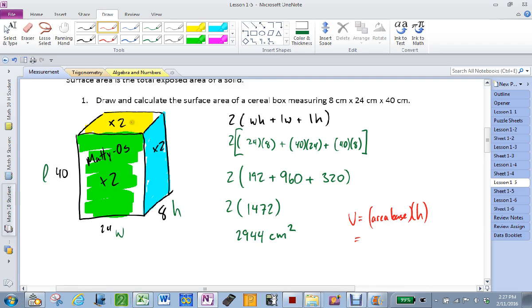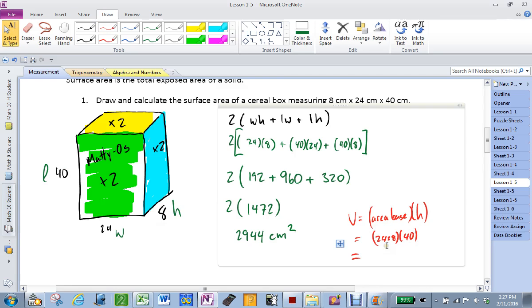Great. That's 24 by 8, isn't it? Everyone agree? So it's 24 by 8 times, how many times did I repeat that? How many down did I go? 40. And there's the answer. That's how easy volume is.